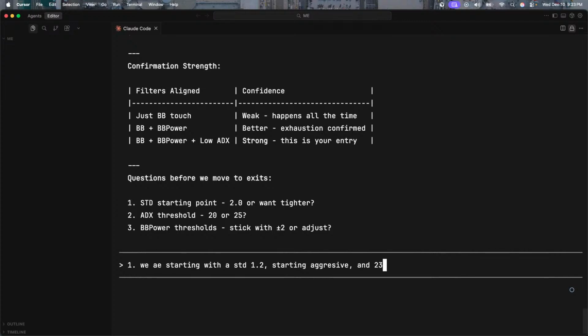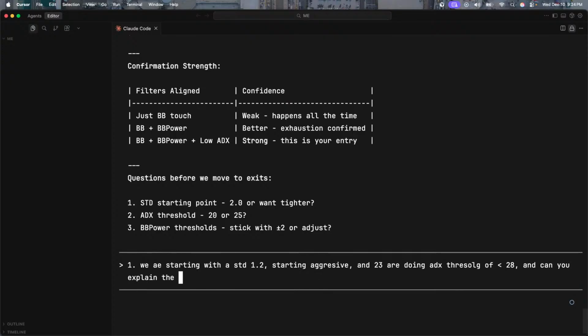And then we are doing an ADX threshold of less than, let's do 28. Let's do 28. And then the BB threshold: stick with 2 plus or adjust? And can you explain the last one, the BB power threshold, so we get it and can properly adjust it for this strategy?